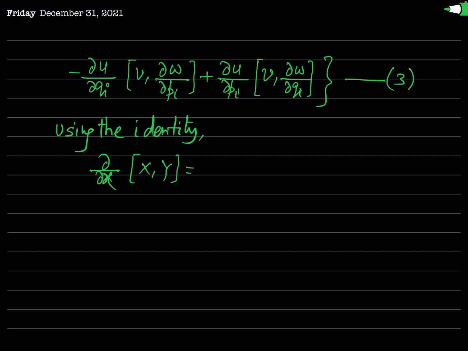You know this is equal to Poisson bracket of del x by del x and y plus Poisson bracket of x and del y by del x.